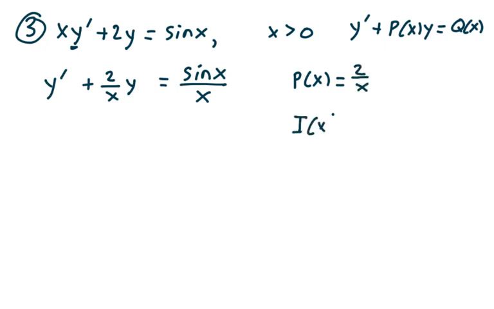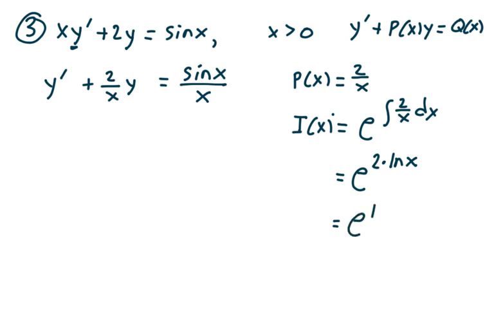So I of x is e to the integral of 2 over x dx. And so this is equal to e to the 2 times natural log of x, right? X is greater than 0, so I don't have to worry about absolute values. And so this is e to the natural log of x raised to the second power. But that's equal to x squared.